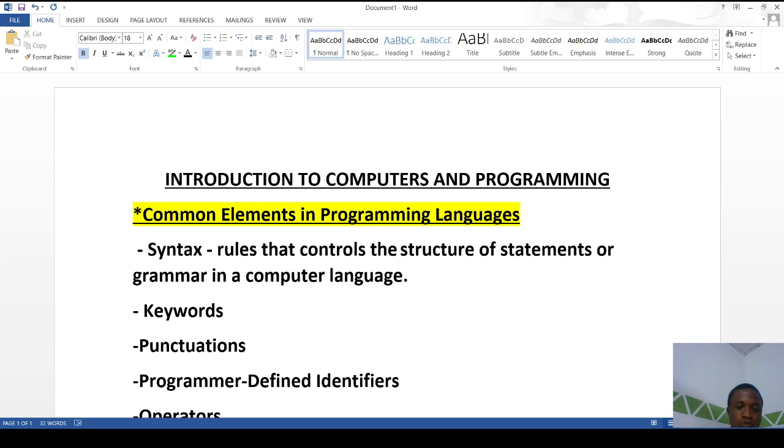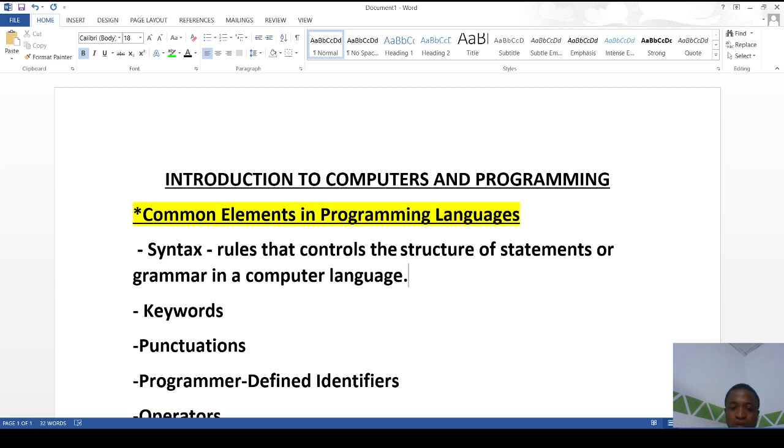And what is grammar? Grammars are rules that govern a language. When you are speaking, there is a way that you are supposed to talk. There are words that you are not supposed to use. When you use them, your parent will shut you down. So these are the rules that govern the particular language that you are trying to use.